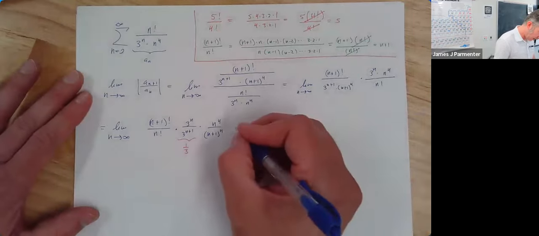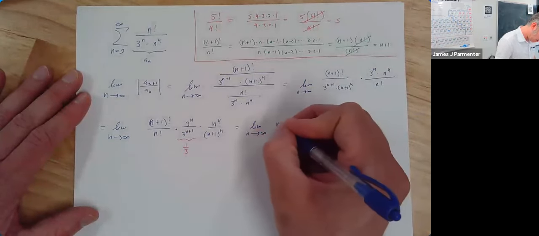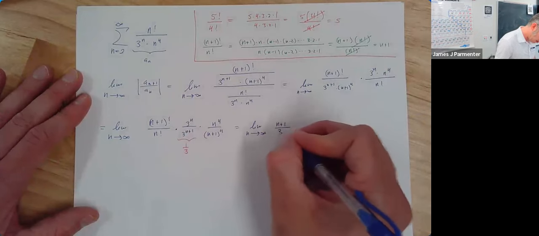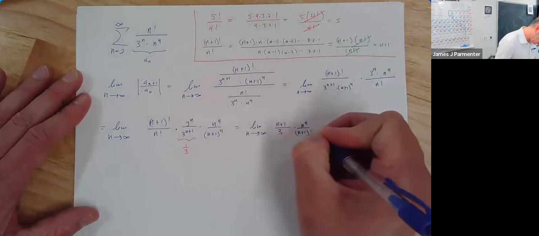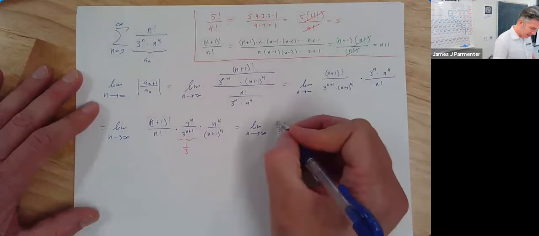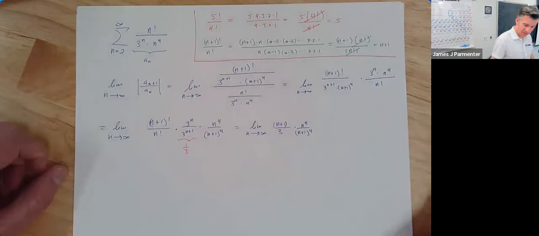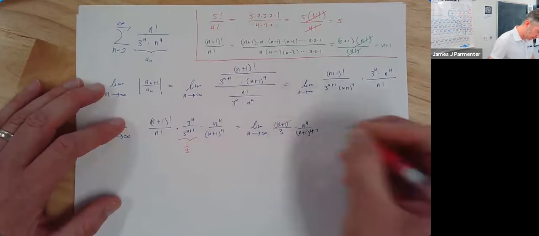So here's what we've got now. We've got the limit, n goes to infinity, of n plus 1 divided by 3 times n to the fourth over (n plus 1) to the fourth. And since these n plus 1s happen to be the same, I can cancel one of them out, one of these here and one of those there.